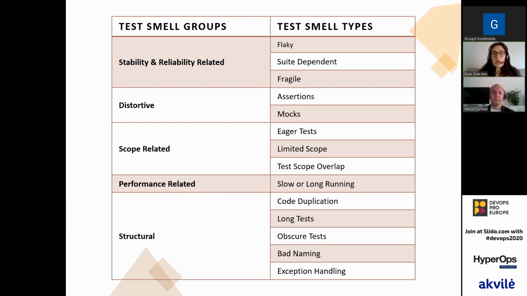These are the ones causing silent errors or false alarms because of wrong assertions and bad mocking. We also face the limited scope problem, where our test results change when we change or extend the test scope. And finally, we face some problems because of the structure of our test code.